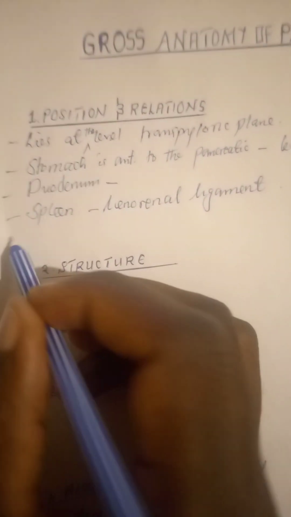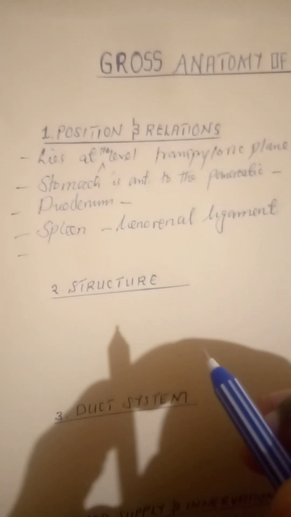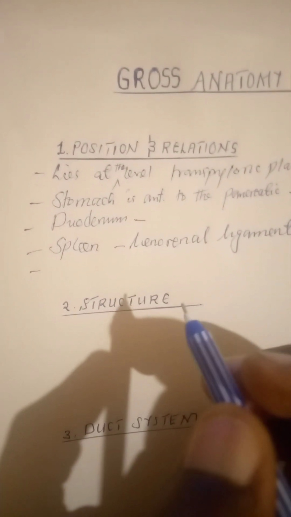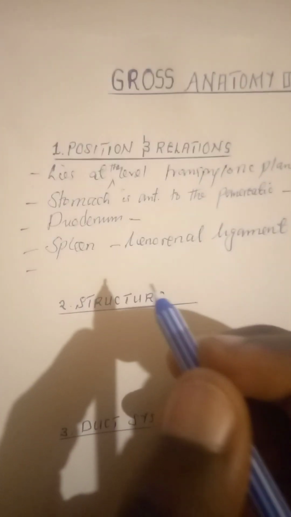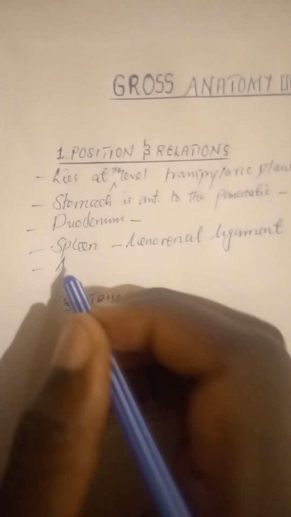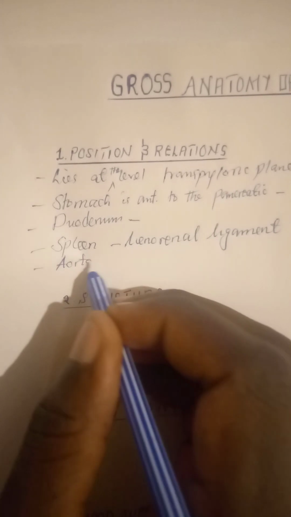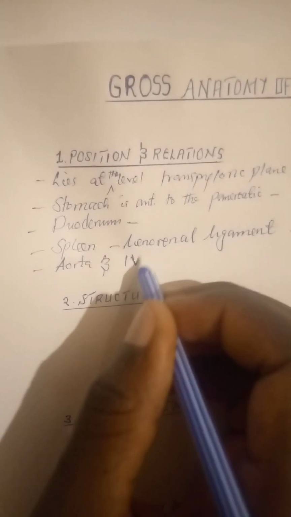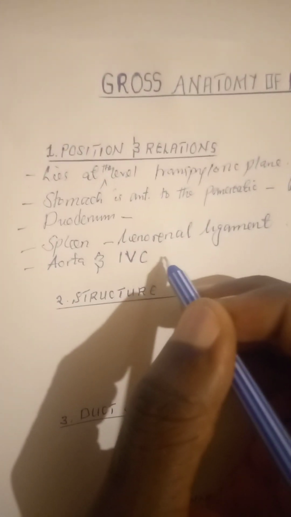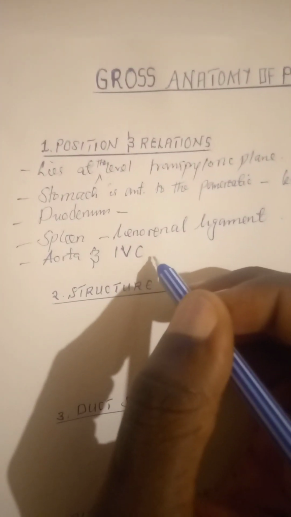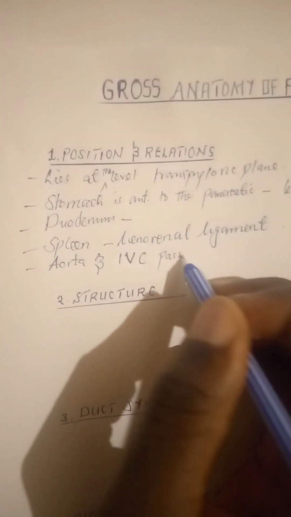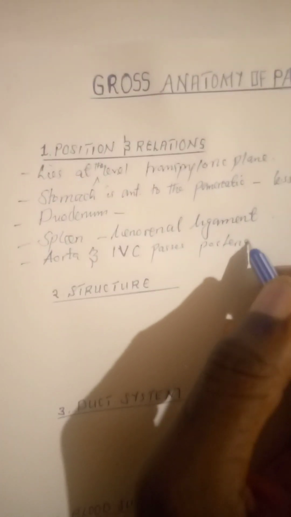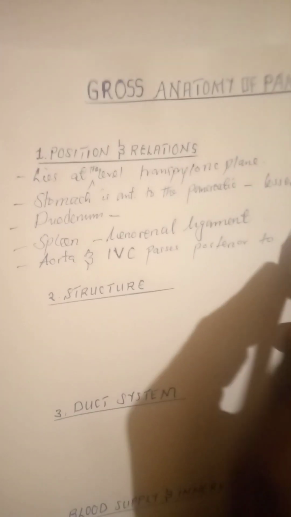And the other structures we need to take note of, or rather the vessels, are the aorta and inferior vena cava. They pass posterior to the pancreas.